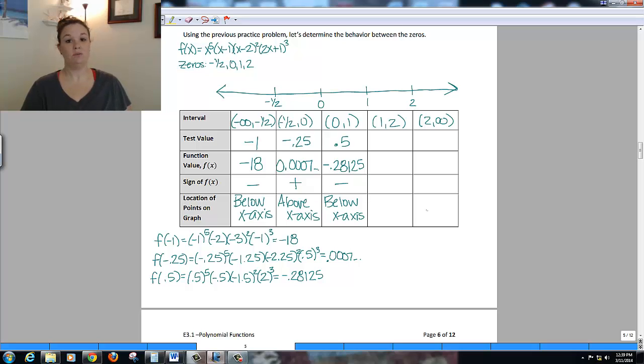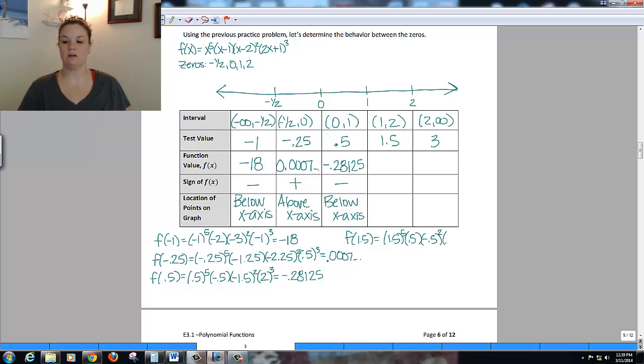Okay, I have 2 more intervals. I'm going to plug in 1.5 here because that's between 1 and 2. And then for something bigger than 2, I'm going to plug in 3. Okay, so you get the gist of it. So here if I plug in f of 1.5, I'm going to get 1.5 to the 5th times 1.5 minus 1 is 0.5 times 1.5 minus 2 is negative 0.5.